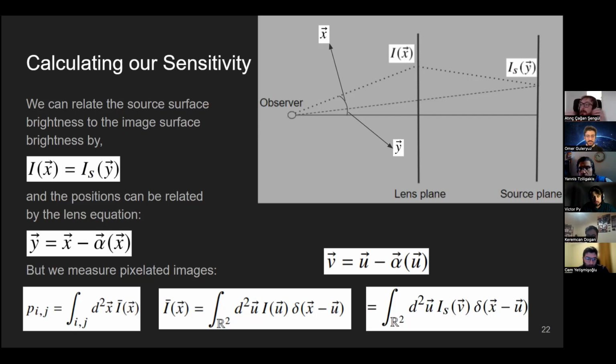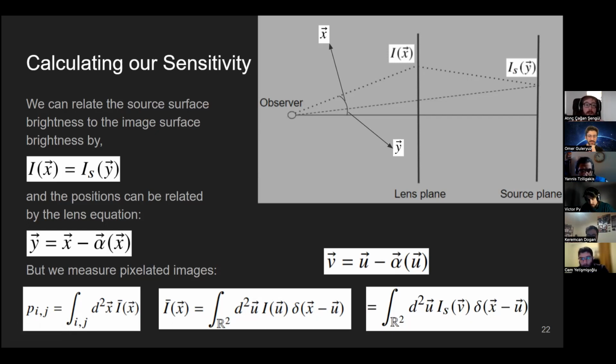The electrons get diffused a little bit in these detector chips. So that causes a point spread function. So point sources appear not as a Dirac delta function, but as a point spread function. So this I(X) first gets convolved by a point spread function, and then it gets pixelated. This is an integral over some i and j pixel area. Okay, so this is what we observe, this P_ij. Great, that's our image. It's a 2D array.